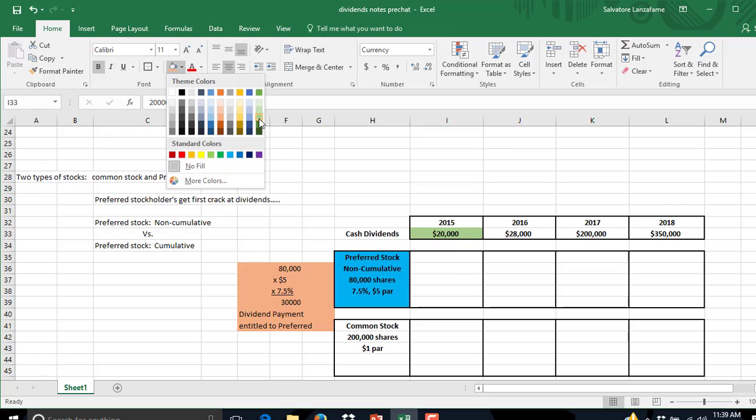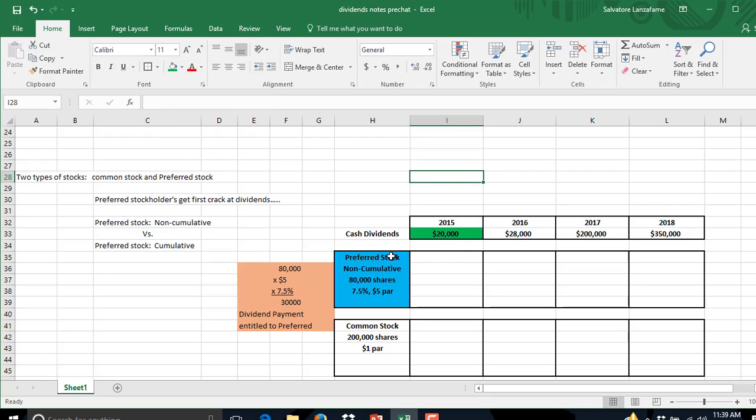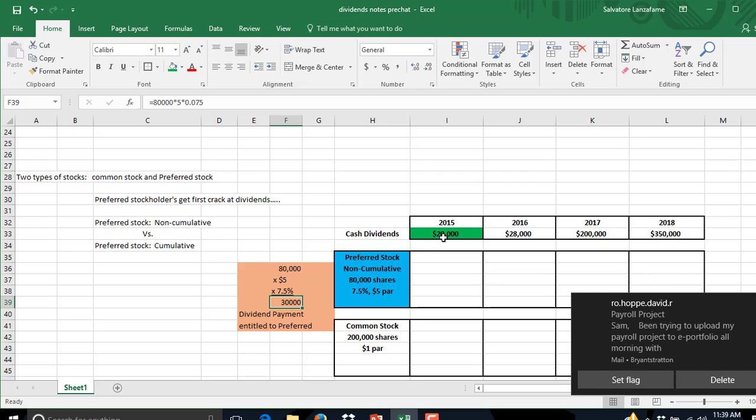So we want to figure out how much of this 20,000 is going to go to preferred and how much of it is going to go to common. Remember, preferred is entitled to the first $30,000 that the corporation decides to give out. So as you can see here, the corporation's only got 20,000 to give.